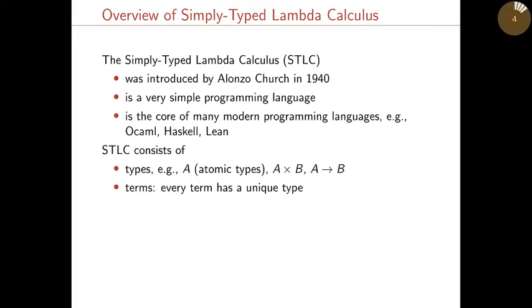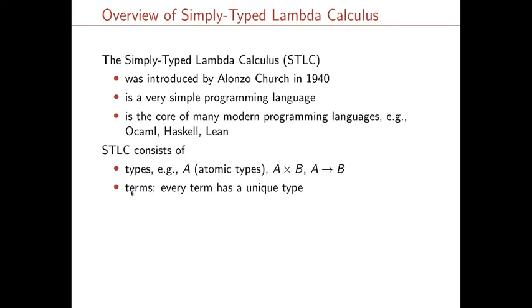The simply typed lambda calculus consists of two ingredients, the types and the terms. Types are, for instance, atomic types, but also composed types like the product type A times B, if A and B are types, and the function type A arrow B, if A and B are types.